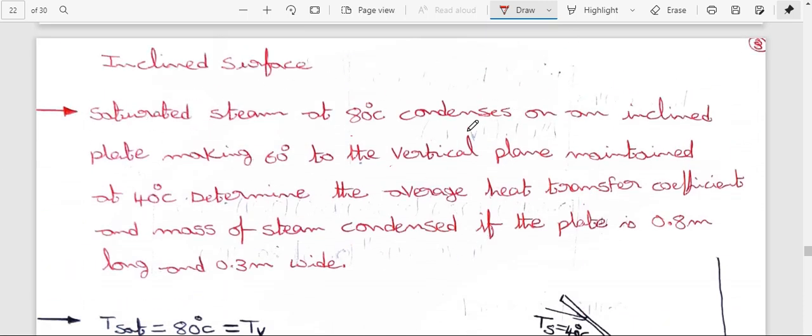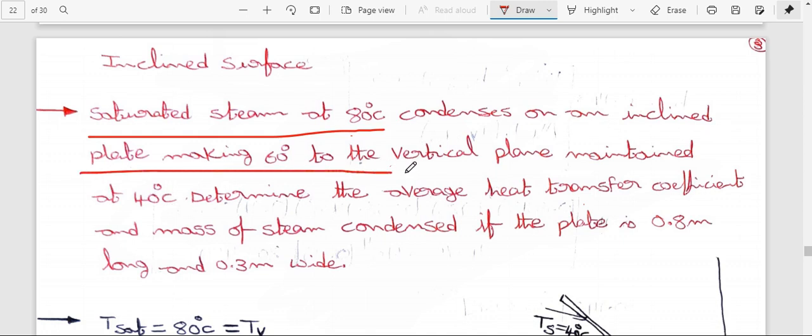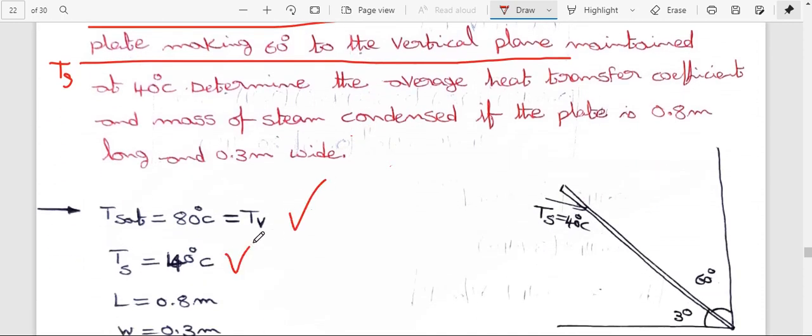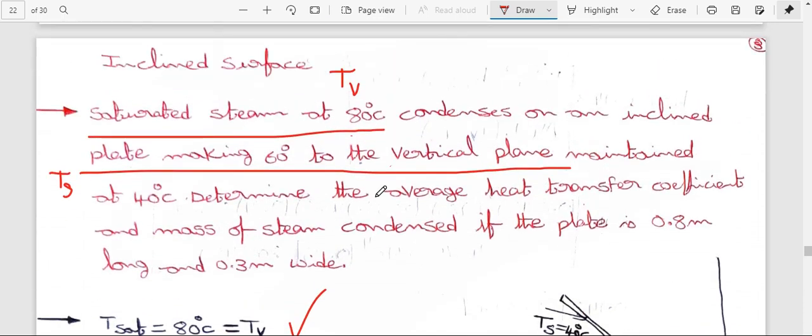The saturated steam at 80 degrees condenses on an inclined plate that makes 60 degrees with the vertical plane. Here the saturated steam, that means vapor temperature, is 80, and the surface temperature is 40. The plate is maintained at 40 degrees.